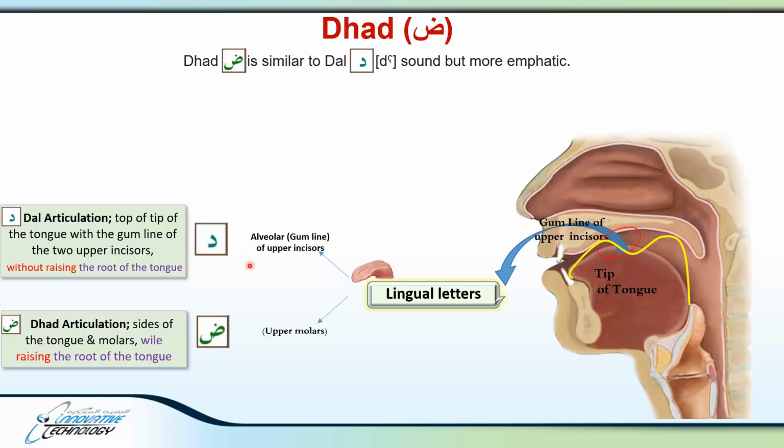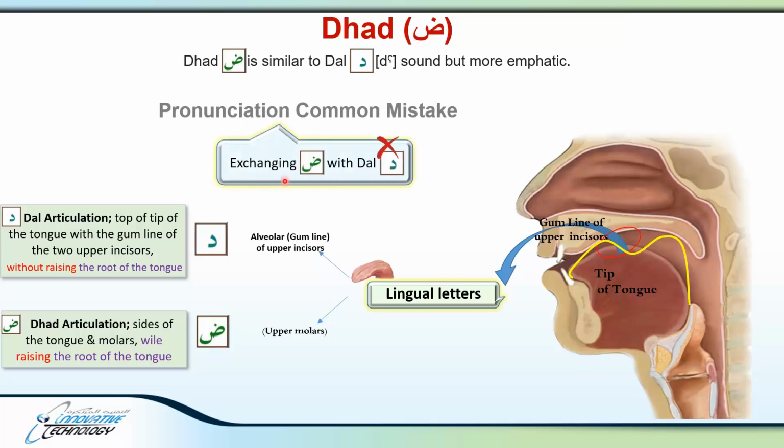This similarity between the Dal and the Dad is what makes people fall into making a common mistake of replacing or exchanging the Dad with a Dal if they are not familiar with pronouncing it properly. For example, in this word, which means a group walking together, moving together.